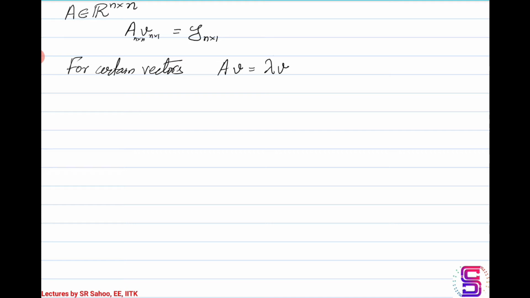Okay, so this lambda here is the scaling factor. So the new vector that we get is basically a scaled version of the original vector.